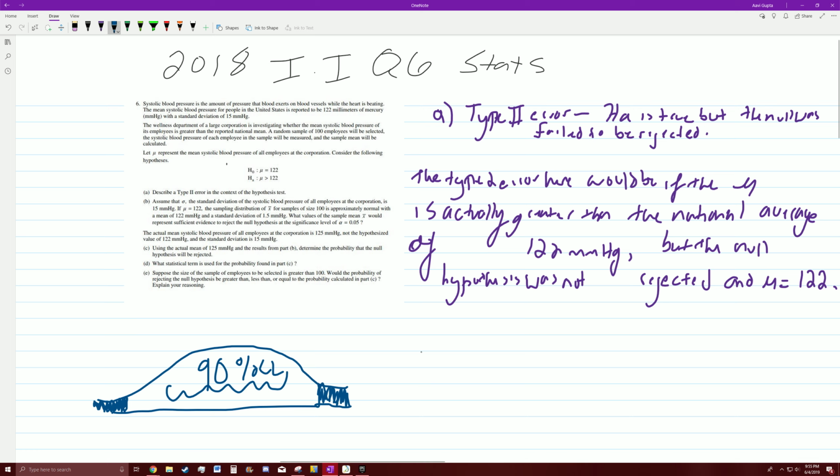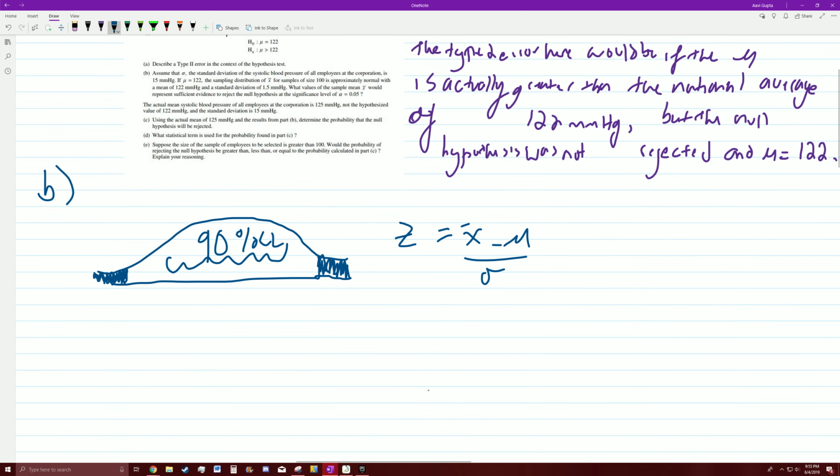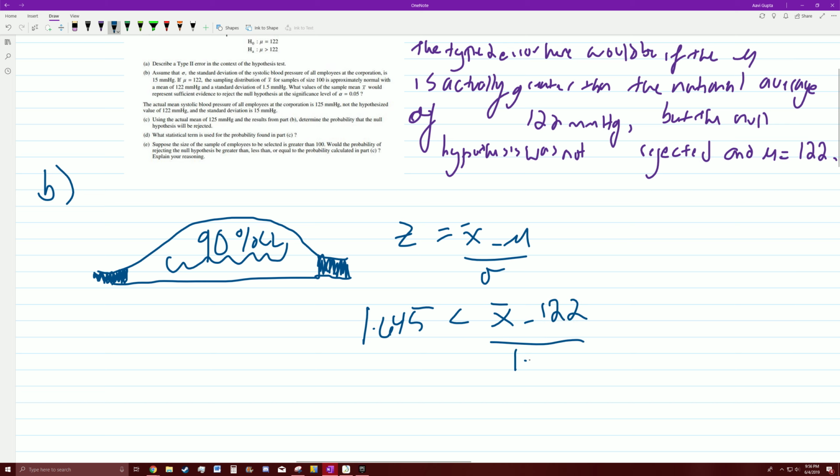So we know that z, this is part b, by the way, is equal to x bar minus mu over the standard deviation, and the standard deviation is defined. What we don't know is the minimum x bar that would give us significant evidence. That's why we're going with a 90% confidence level, as we found with the alpha of 0.05. So 1.645 should be less than x bar minus 122 over 1.5.